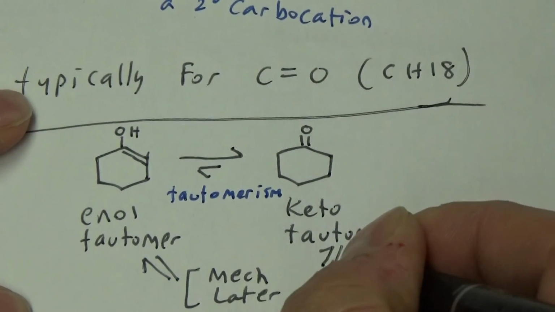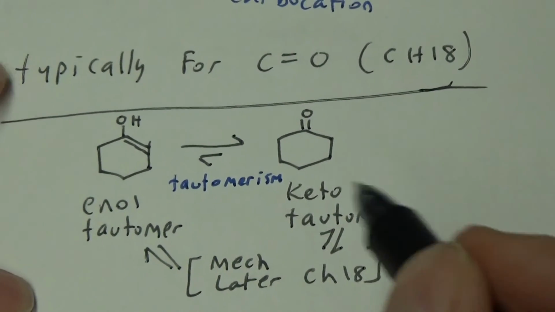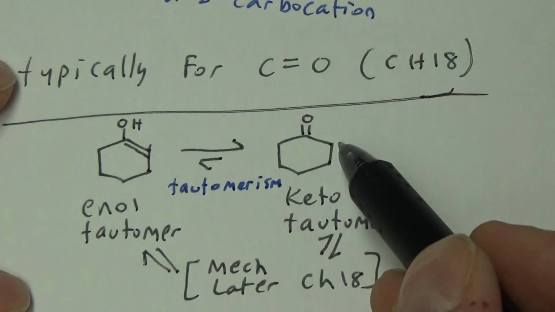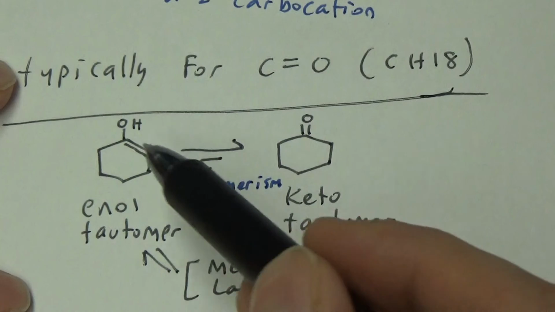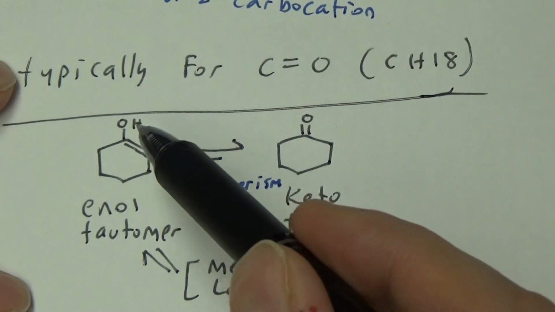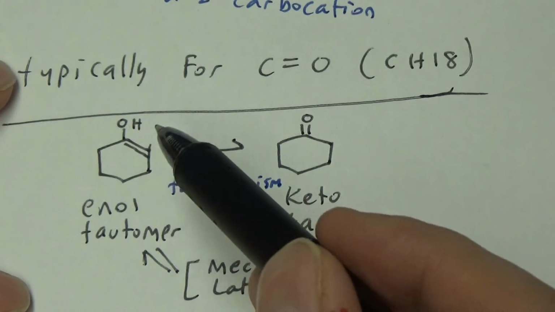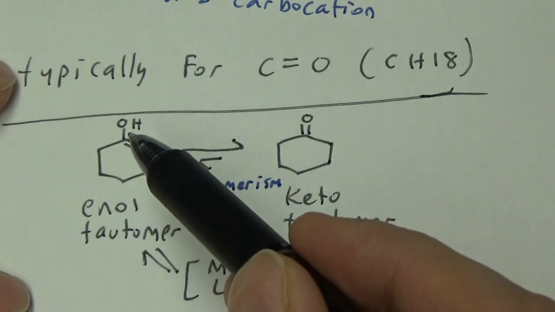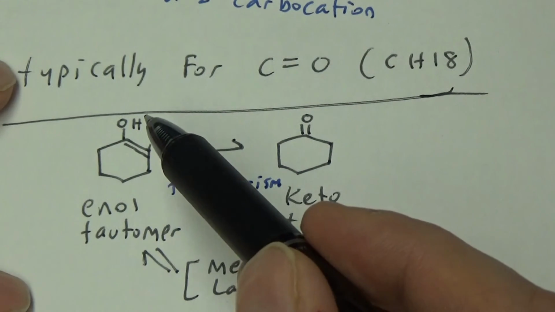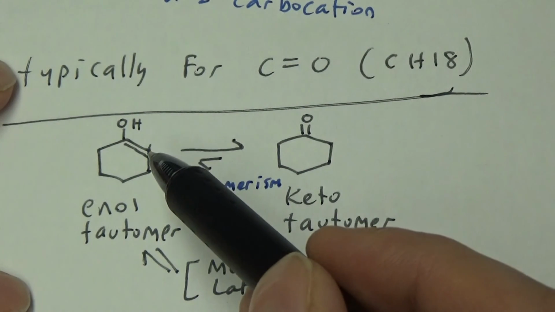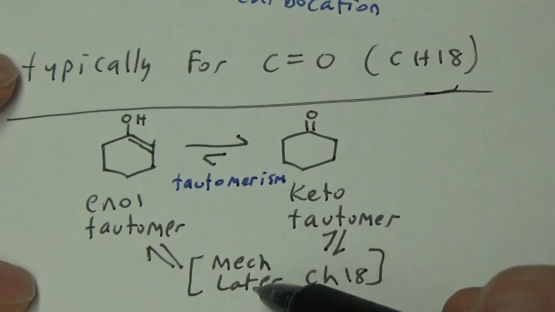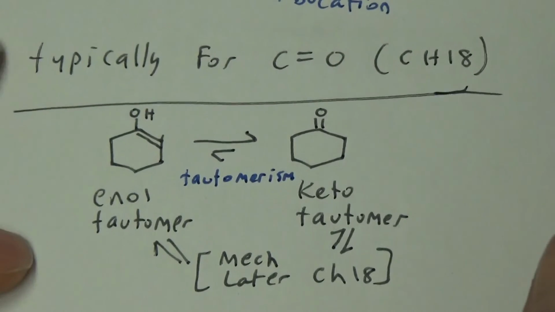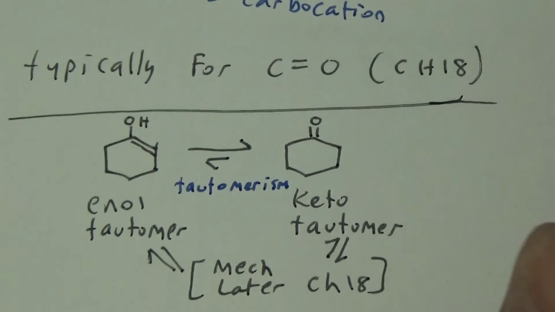It is easy though. It's really just the movement of a proton, right? There's a CH2 there and a CH there, right? So basically what you can see is that we're moving the proton from the OH to the next door carbon. So it's like a transfer of a proton from the oxygen to the position next to the ketone, right? So it's just a movement of a proton. That's what tautomerism is. Okay? All right.